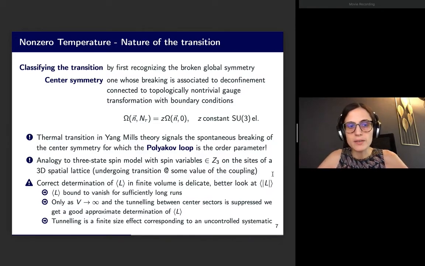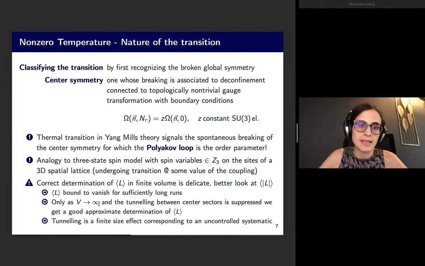The reason for it being that the average, the expectation value of the Polyakov loop is bound to vanish for sufficiently long runs, because at some point there will be a tunneling between the different center sectors, which is only suppressed as V is sent to infinity.